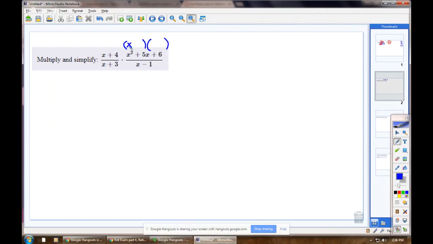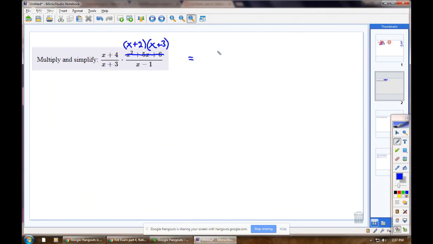I'm going to guess x times x to get x squared. 6 could be 1 times 6 or 2 times 3. Since everything is positive, I'm going to guess it's 2 times 3, because 2 plus 3 is 5 in the middle. Anytime you factor by guessing like that, off to the side, you should multiply it out to make sure it gives you back what you think it does. I'm pretty sure I'm right there.